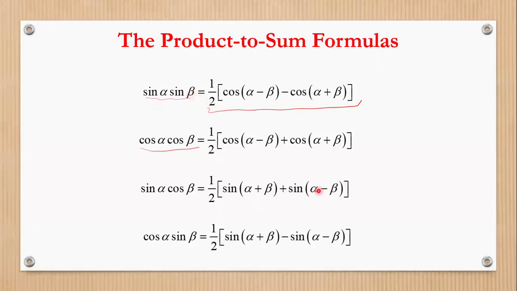If we add two sines, we get the sine of the first angle times the cosine of the second angle. But if we subtract the sine of the sum and difference of the two angles and then divide the result by 2, we get the cosine of the first angle times the sine of the second angle. The only difference between the third one and the fourth one is that on the third one we have the sine of the first angle times the cosine of the second angle.